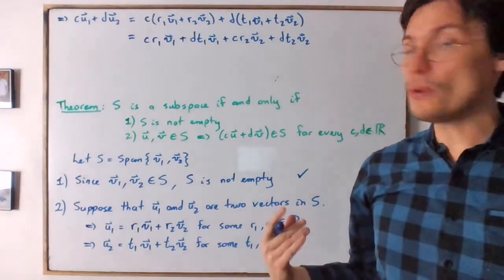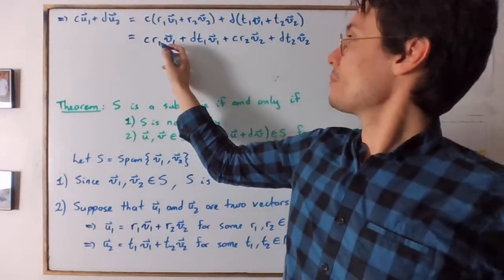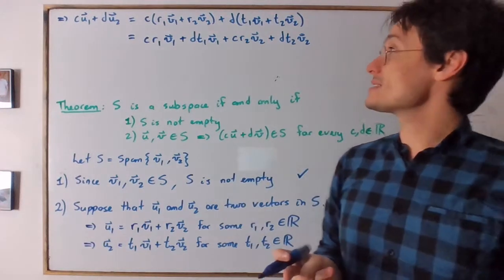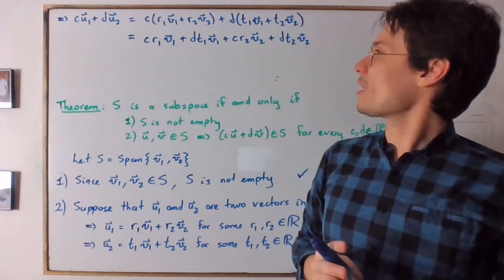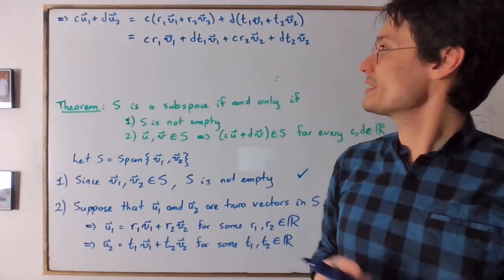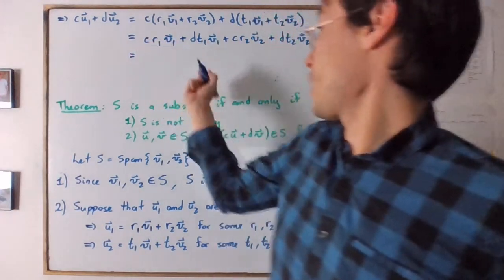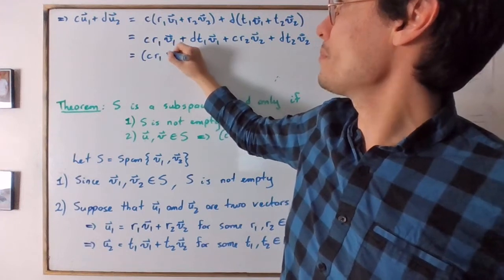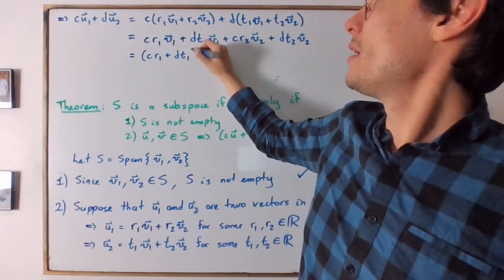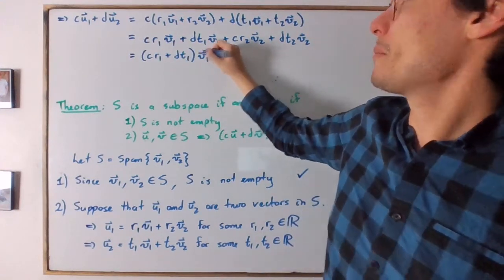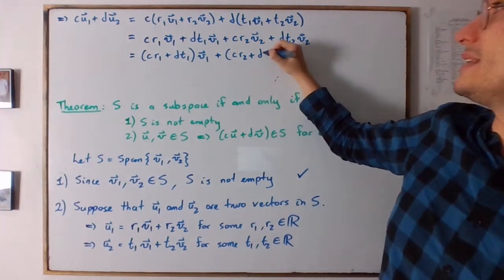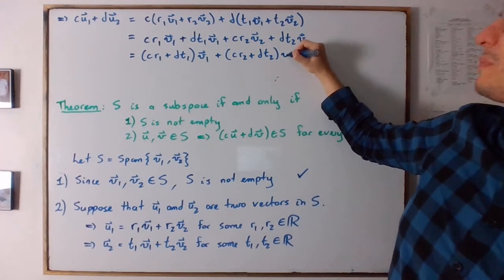Now, as you know, scalar multiplication of vectors is distributive, so you can write this as (C R1 plus D T1) multiplied by V1 plus (C R2 plus D T2) multiplied by V2.